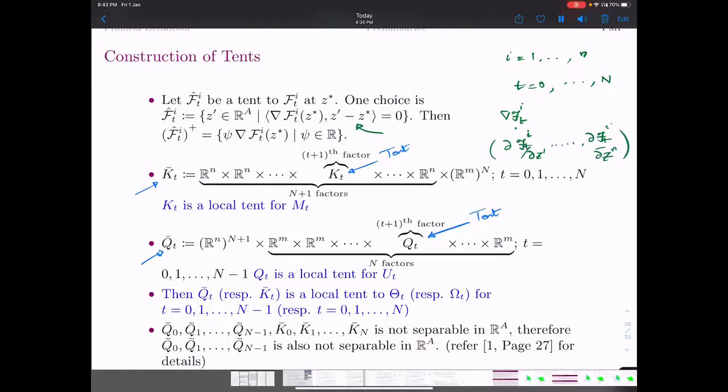And that inner product Z prime minus Z star, right? And this is a scalar multiple, which belongs to the real numbers.